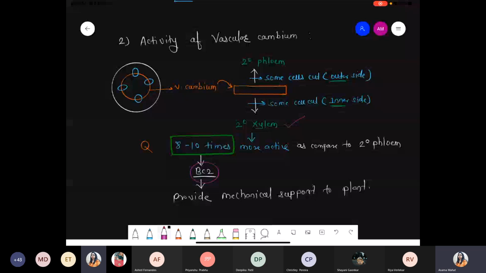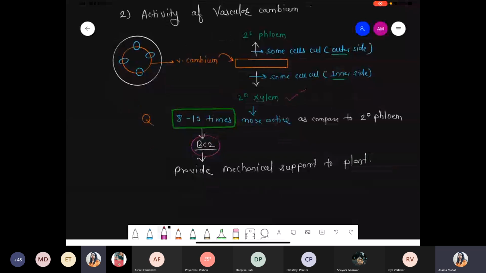We will discuss this part when we talk about annual ring formation, heartwood, sapwood, springwood, early wood; there you will understand. So just try to understand: as compared to secondary phloem, secondary xylem formation rate is 8 to 10 times more, because it provides mechanical support to the plant. Clear, Komal?